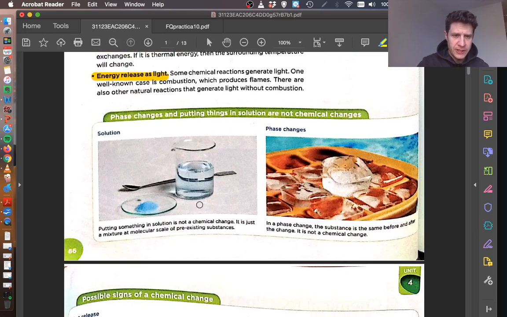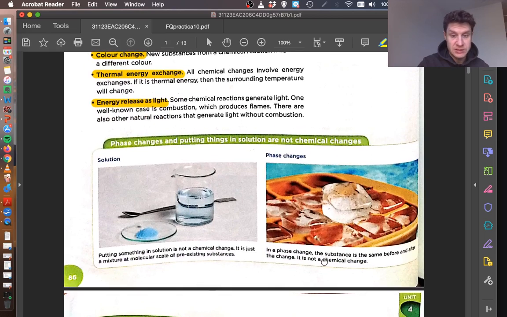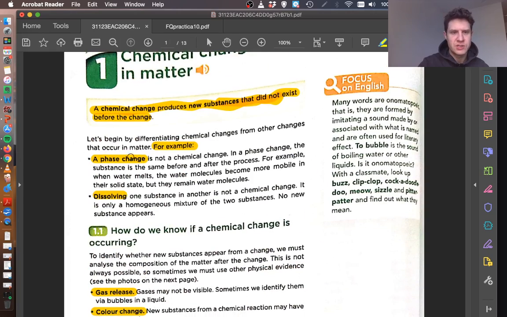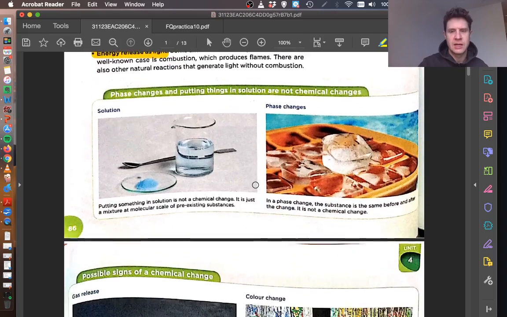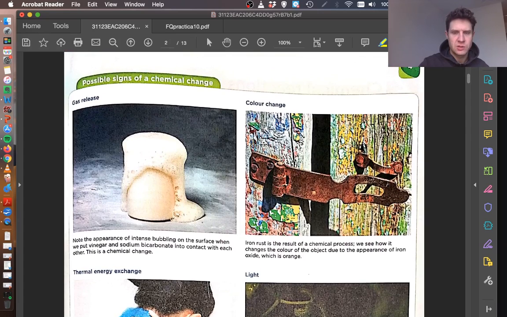For example, putting sugar into water, we are dissolving something. It's not a chemical change. Or when we freeze water to make ice cubes, it is a phase change, not a chemical change. We have here some other examples of chemical change.